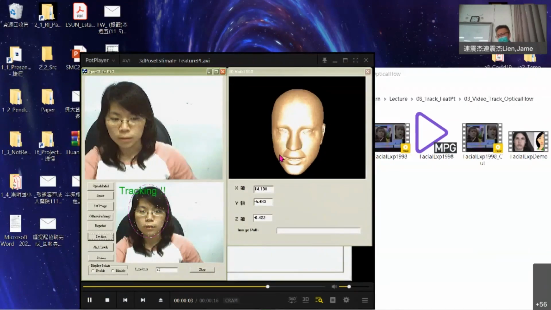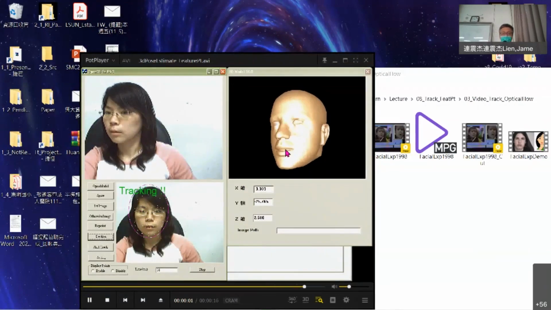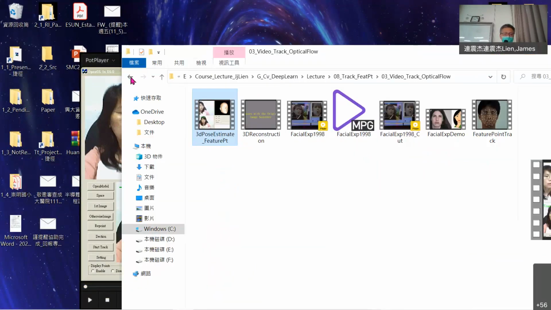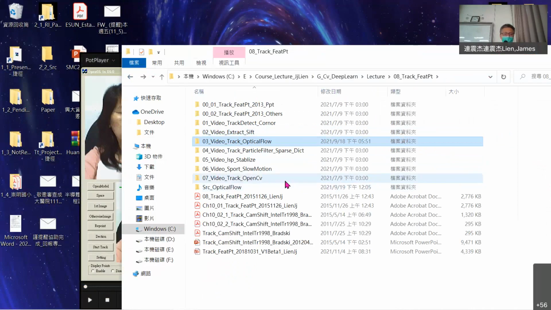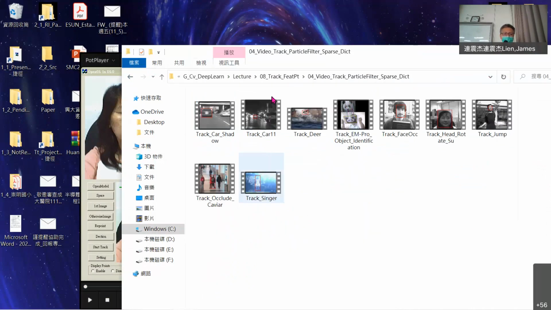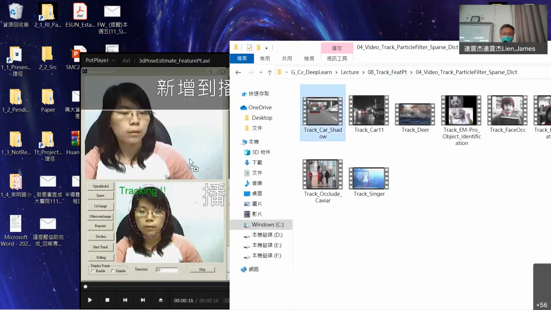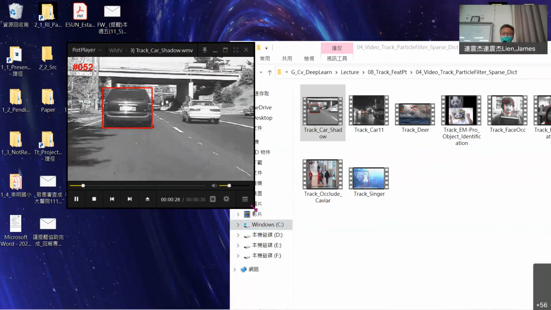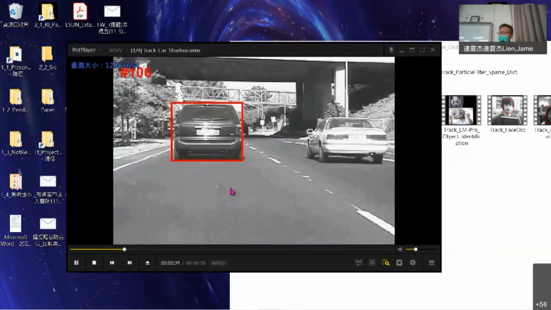那时候还没有 deep learning 的时候我们有做这些。我们再继续看一些应用。这不是 optical flow，this is the other kind of tracking. If the target is bigger, don't use optical flow.